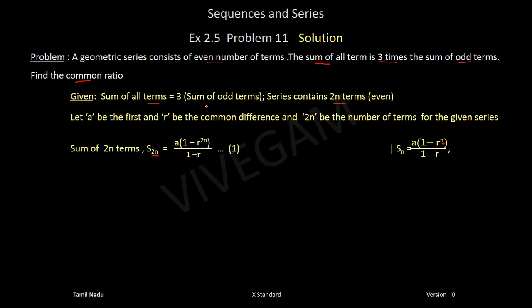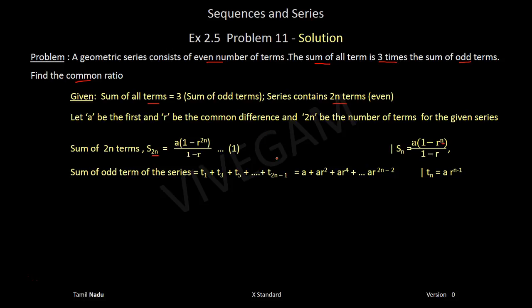Now let's come to the right hand side. What will be the series? The series will be t1 plus t2 plus t3. It goes on like that.